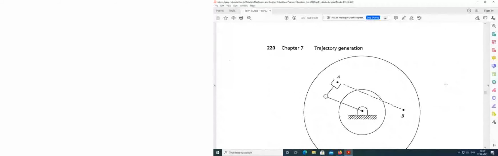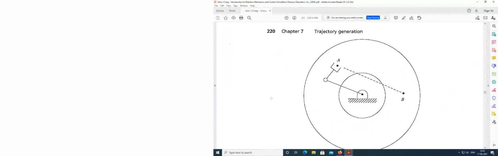If you see, in this problem, say you want to go from this position to this position, but you can't choose any path, because there is a possibility that there will be some constraint.